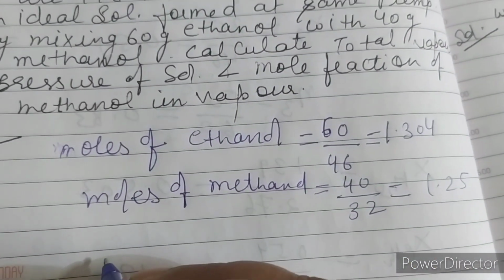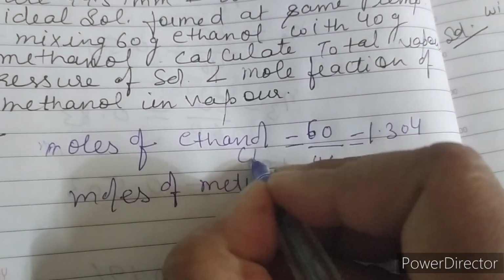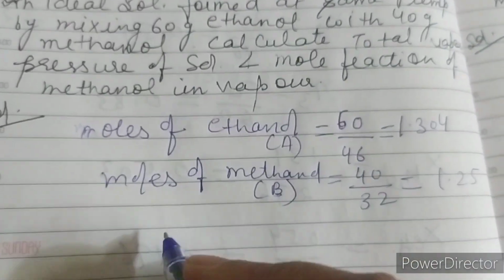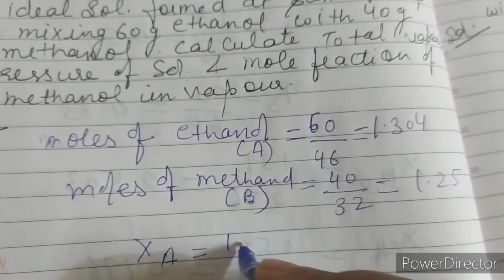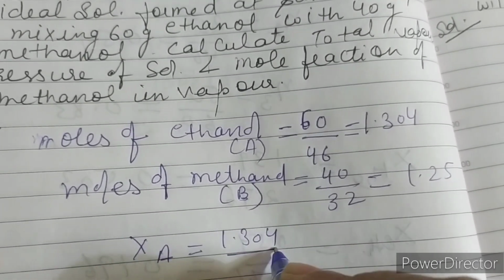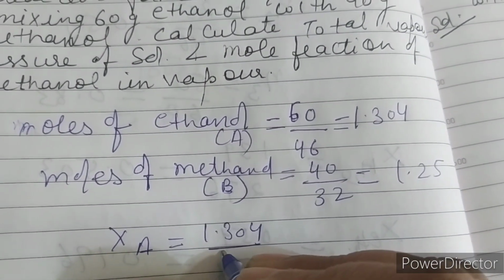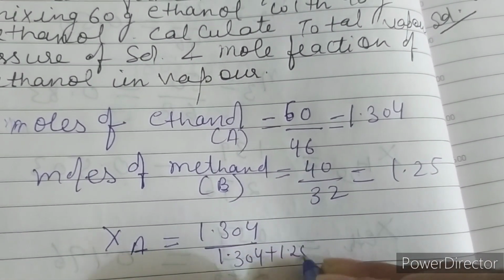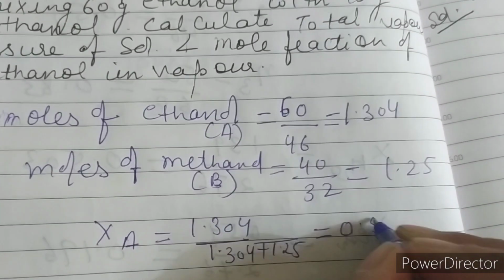Now we'll find the mole fraction. Suppose we consider ethanol as A and methanol as B, then the mole fraction of ethanol, XA, will be equal to 1.304 divided by the total moles, 1.304 plus 1.25, and when you solve it you will get 0.51.